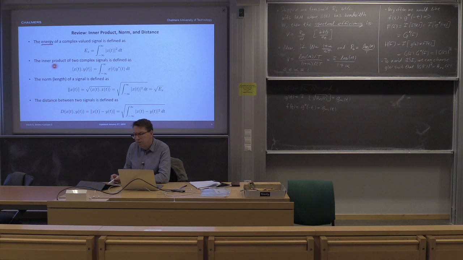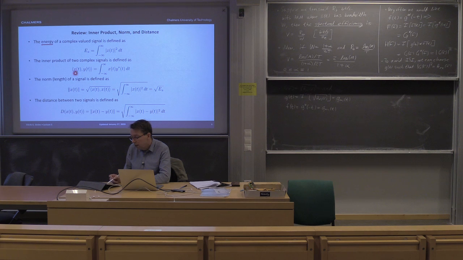The inner product. Have you seen these inner products before in the signal sense? Some of you have. So an inner product is like a scalar product between 2 vectors. If we look at x and y, and these are signals, if we view them as vectors, we can form something called an inner product or a scalar product.